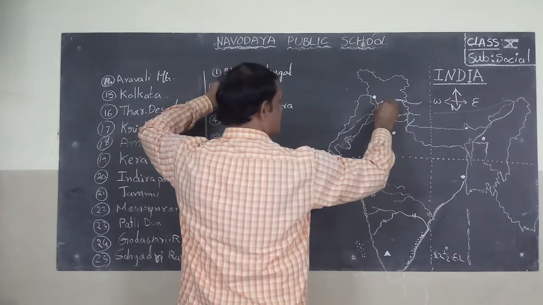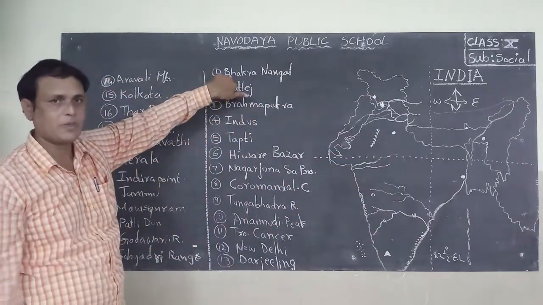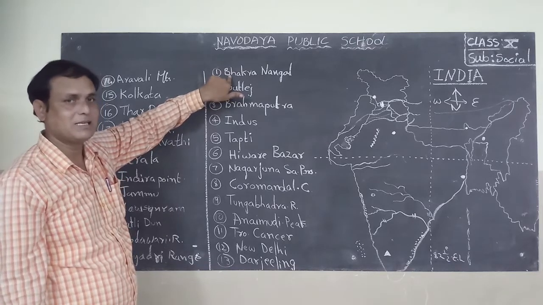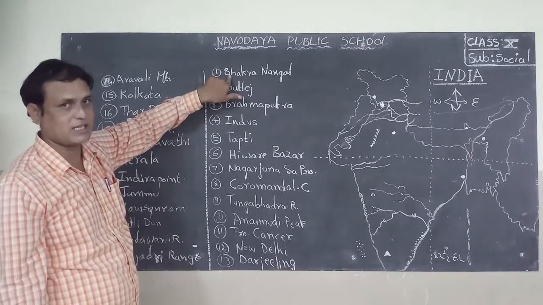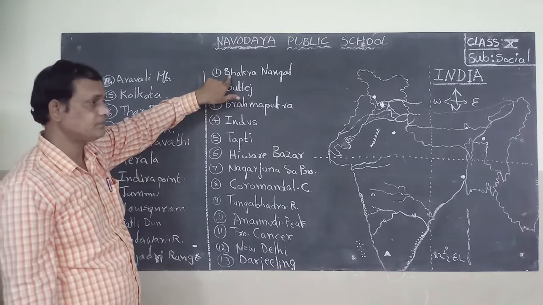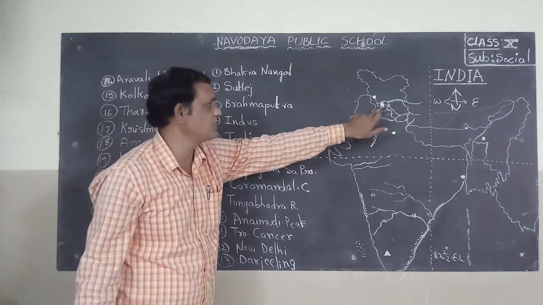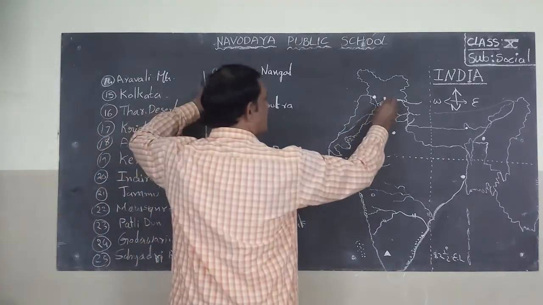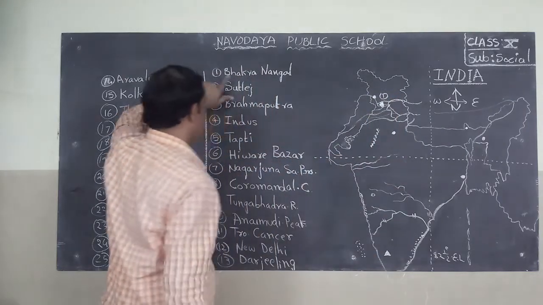It has 5 tributaries, as I said in that lesson: Ravi, Jhelum, Chenab, Beas, Sutlej. They are the 5 tributaries of the Indus River. The Bhakra Nangal project is here. Write the number 1 here.